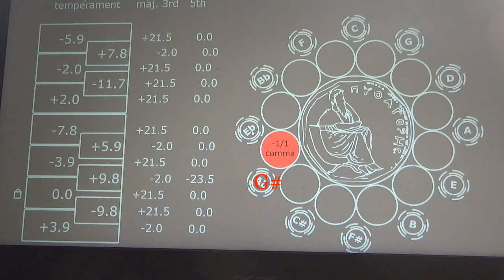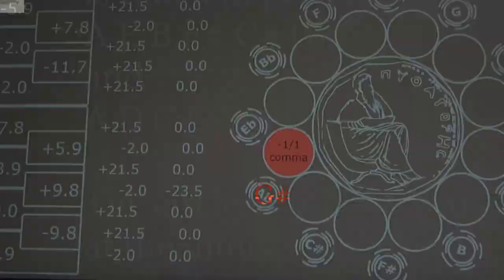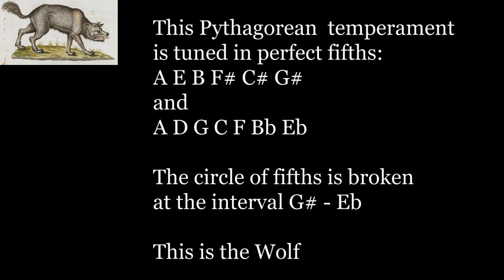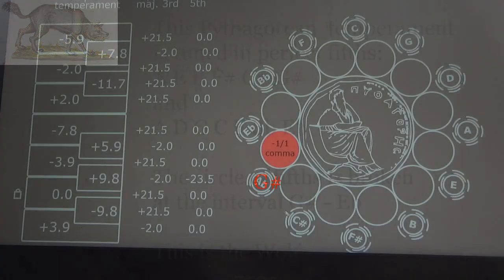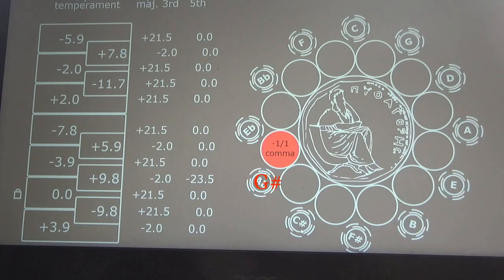And so this E flat to G sharp is not a pure fifth. It's actually not a fifth at all. And so the outer circle is spinning fast, showing that's the wolf. And now C sharp, that really is C sharp. C sharp to G sharp, that's a pure fifth, and the outer circle is still showing the pure interval.